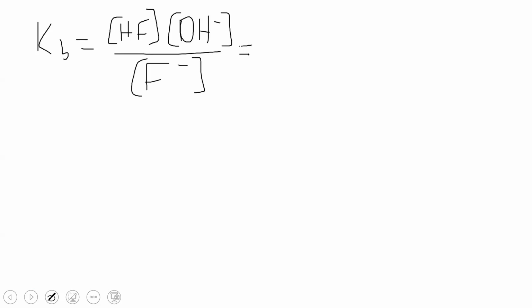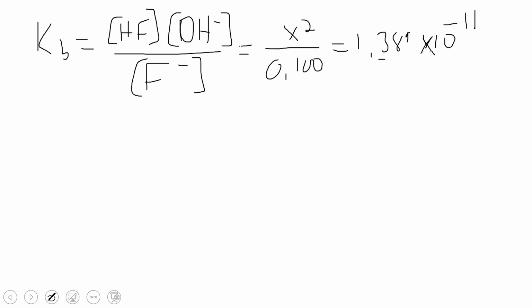And so that will equal X squared over 0.100, which equals 1.389, where there's our significant figure, times 10 to the minus 11 power.